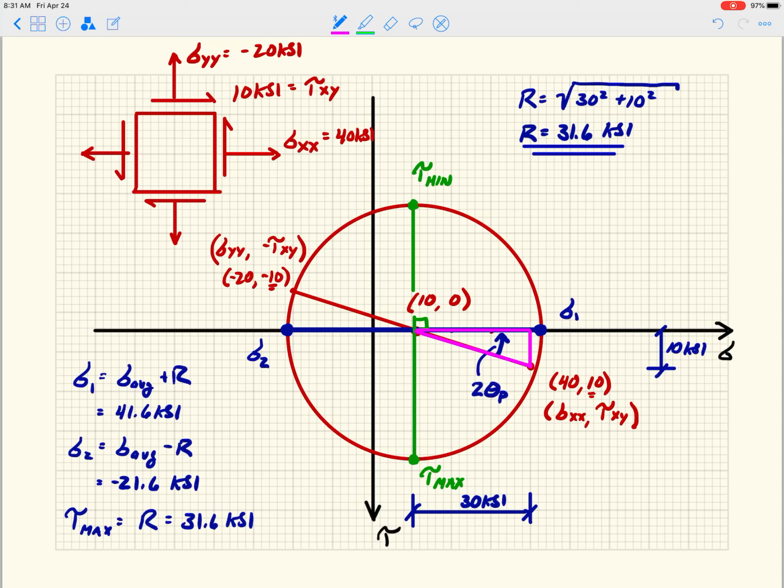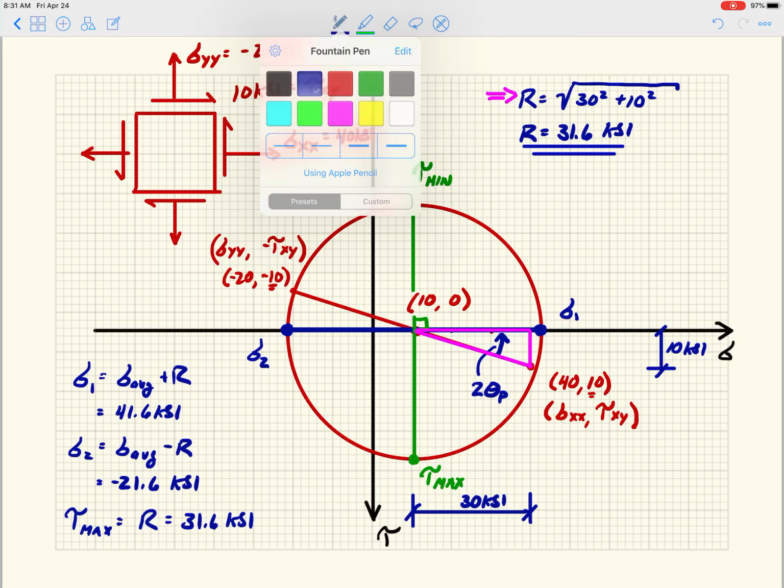The horizontal base is 30 ksi, the vertical component is 10 ksi, and the hypotenuse is R. And so that's how I can always remember what that expression is. You can go back to the other expression, and it'll work out to be exactly the same. It's just a lot harder to remember than the horizontal component squared plus the vertical component squared, square root.